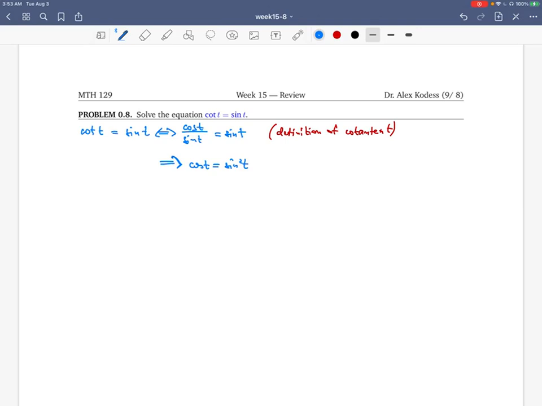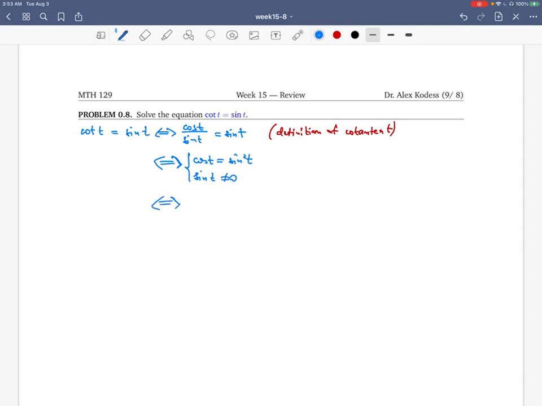But I don't agree with that direction. To go in that direction, you have to be able to divide by sine. To be able to divide by sine, you need to ensure that sine is not zero. Now, of course, you replace sine squared by 1 minus cosine squared.